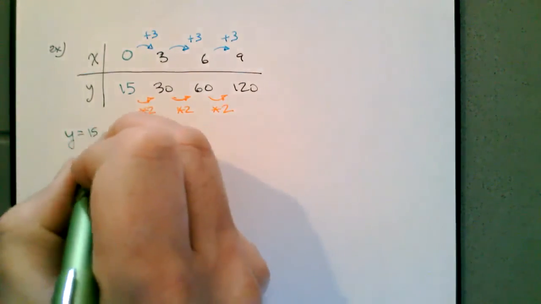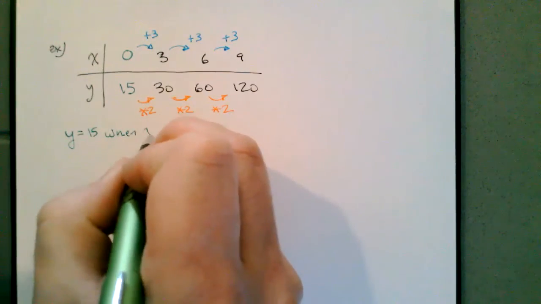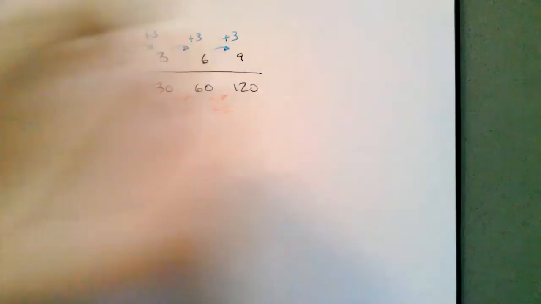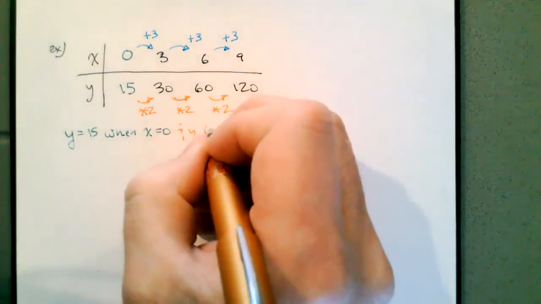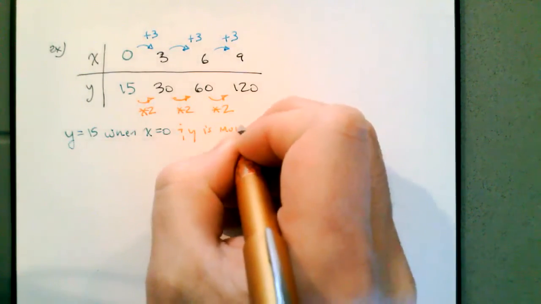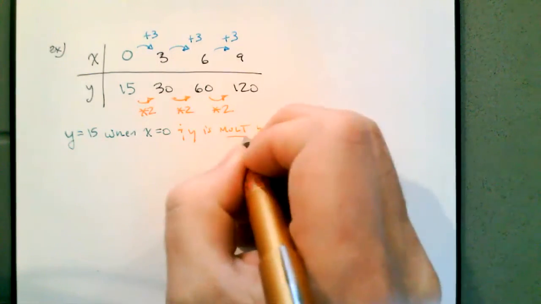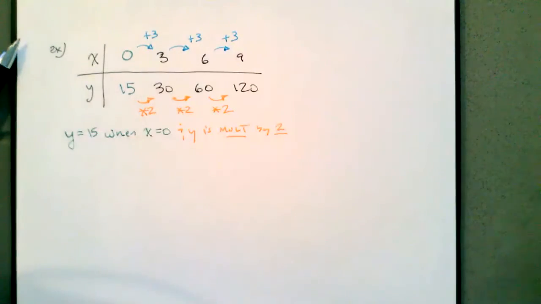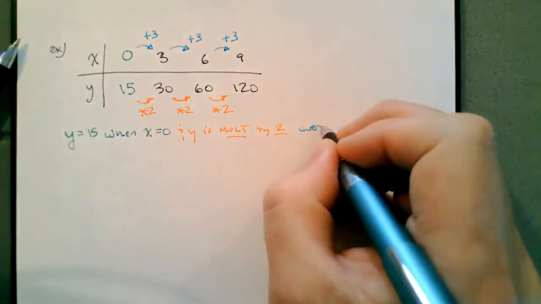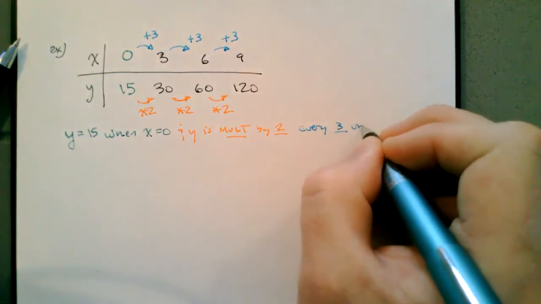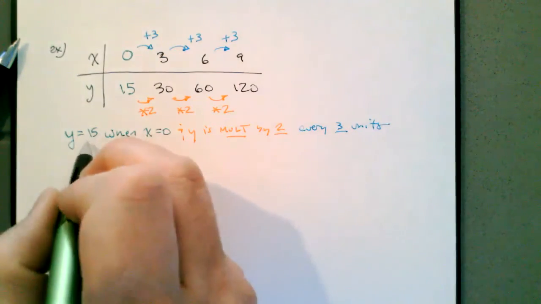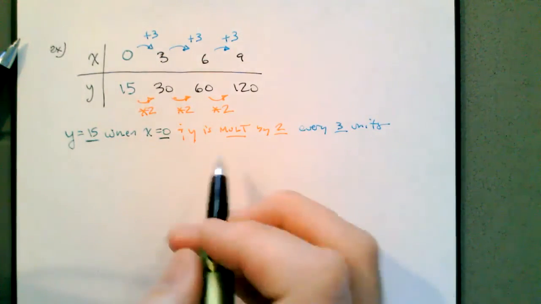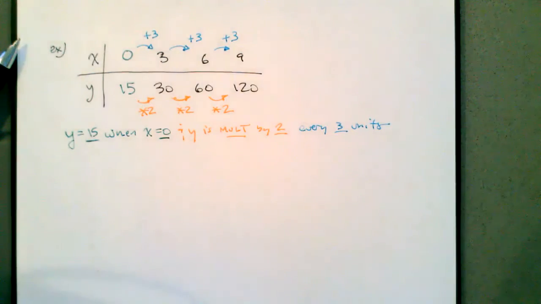Y is 15 when x is 0, and y is multiplied by 2 every 3 units. So same format that we had before. Where do things start, how things are changing, and how often they're making that change.